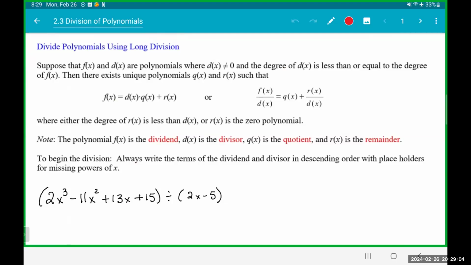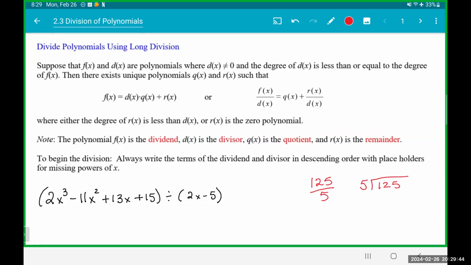Okay. Think of long division in terms of thinking back to like 3rd, 4th grade when you had to do 125 divided by 25 or whatever, right? It was numbers that we didn't really know at that time how to just do quickly in our heads. So we had to do what we would call long division. Even if I had, say, 125 divided by 5, that would be 5 divided into 125.